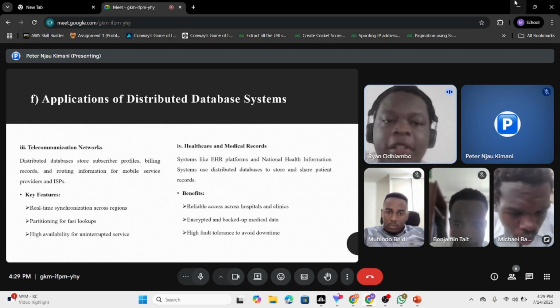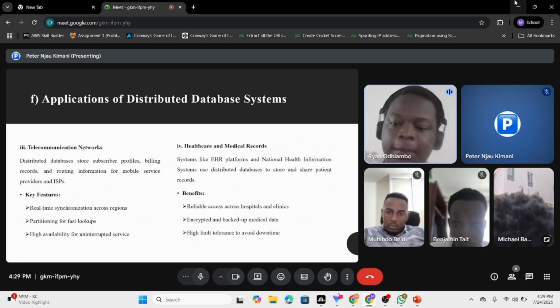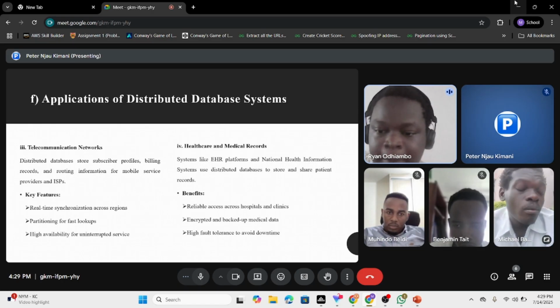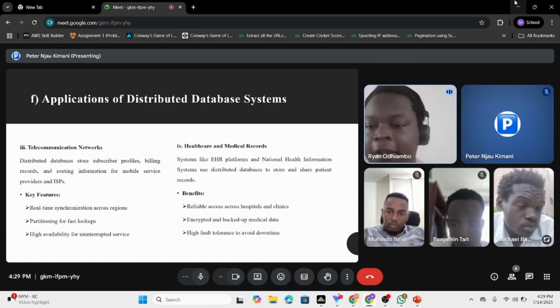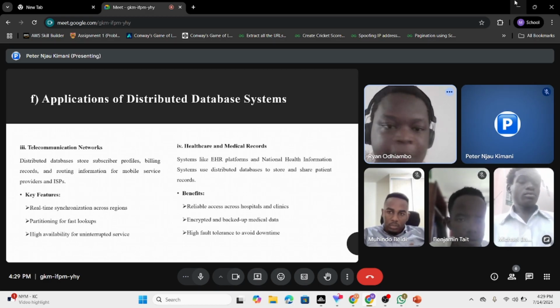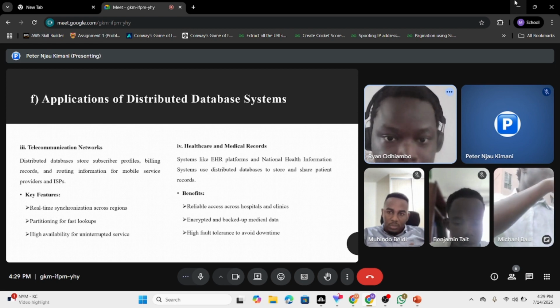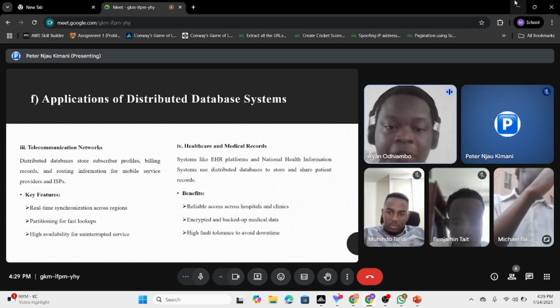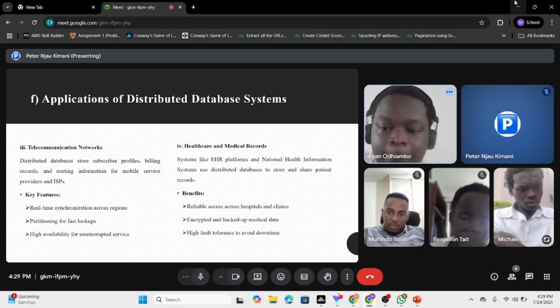So the fourth application, we have healthcare and medical records. Some examples: we have the NHIS, which is the National Health Information System, and we also have distributed EHR platforms, which are electronic health records. These systems use distributed databases to store and share patient records.